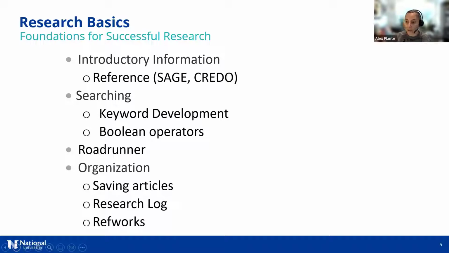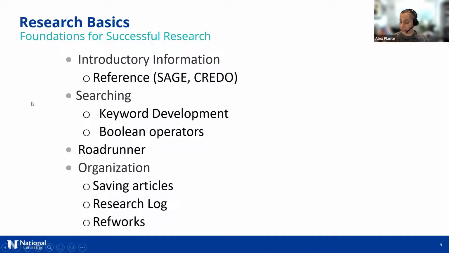And so we have a couple of suggestions for you here. One thing would be to just save your articles. In a lot of cases, our databases will have many different tools for you to use. You can email yourself a link to the article. If you're more comfortable having a hard copy, quote unquote, you could download a PDF and save it on your desktop.